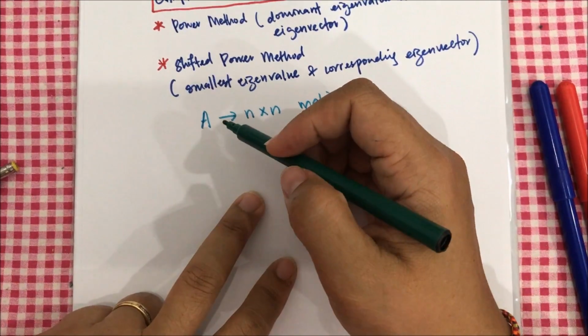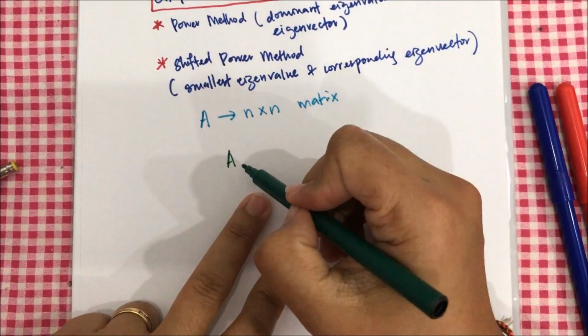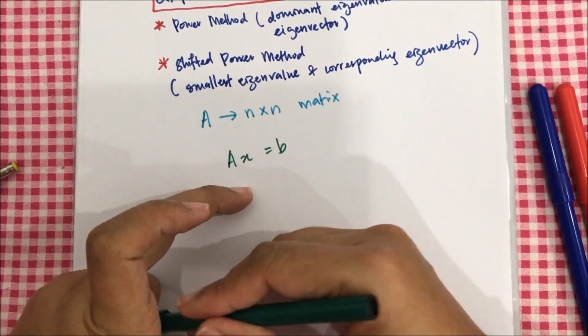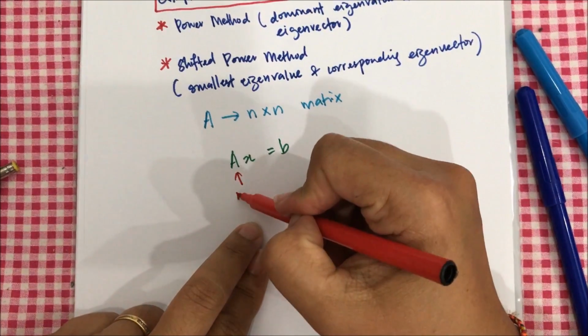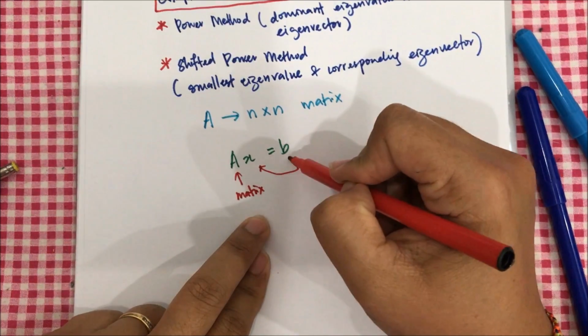Remember, in our chapter 3, we have a square matrix A, and then Ax equal to b. This is the matrix, and this actually is the vector.